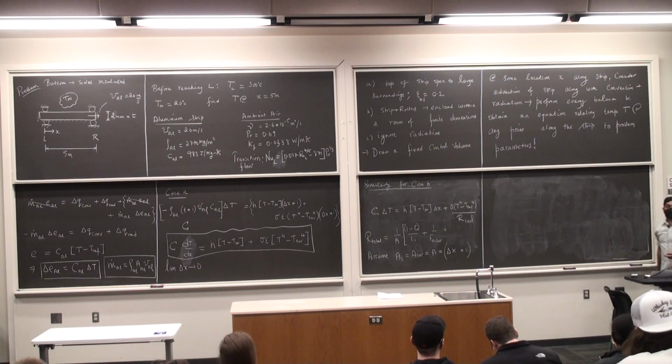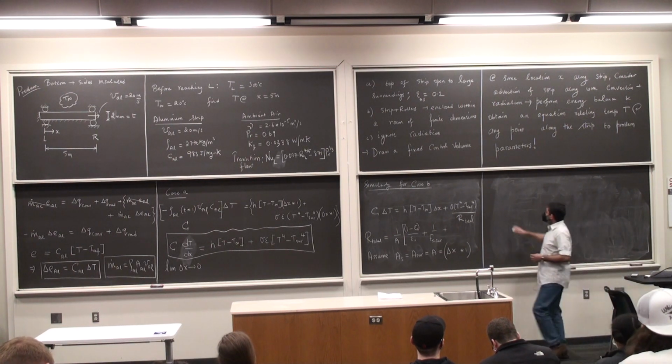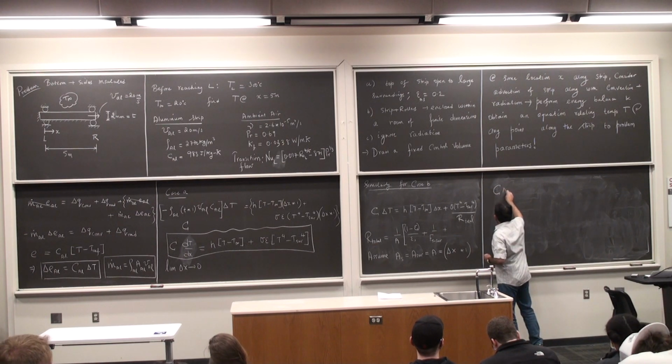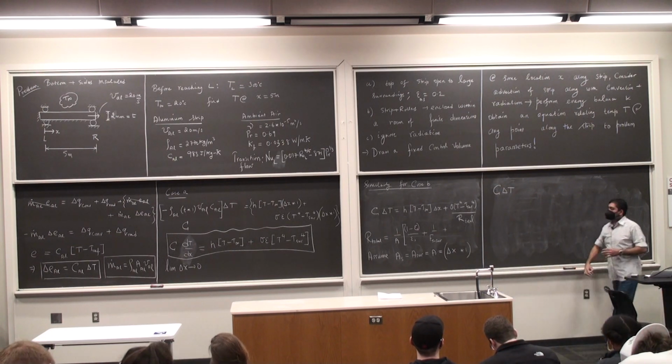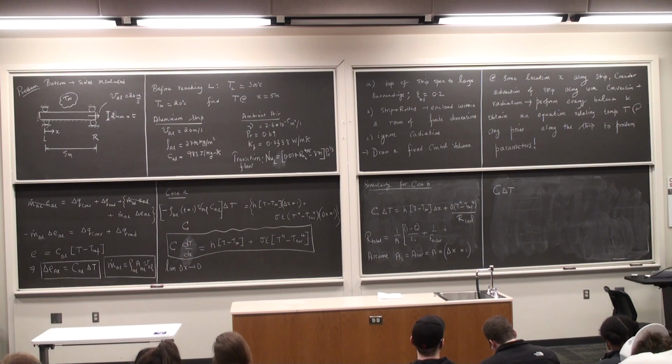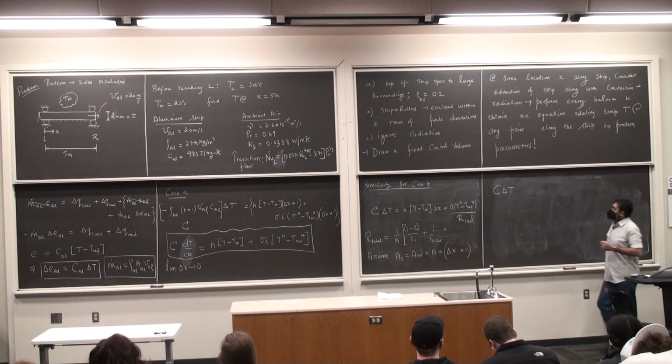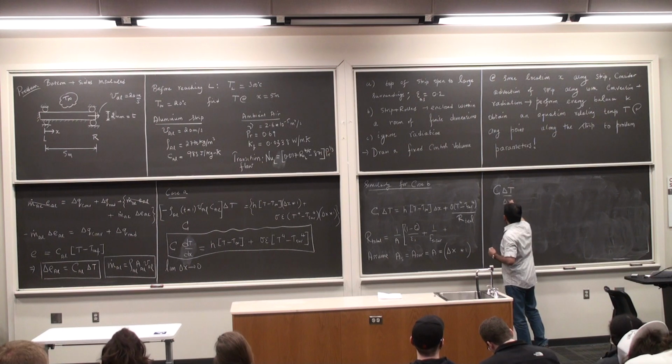Throw all of this into the mix. So C delta T, because the resistance total is in the denominator, the area is going to now be in the numerator. So I can still do it this way.